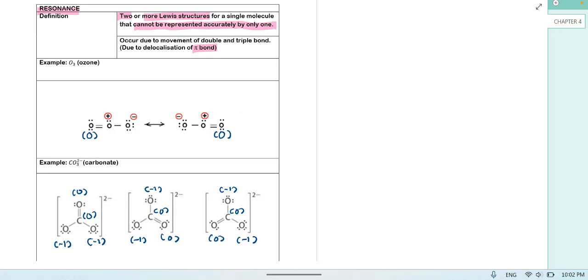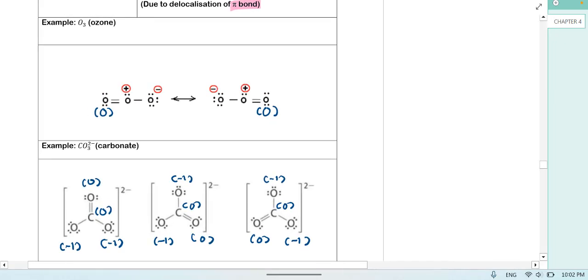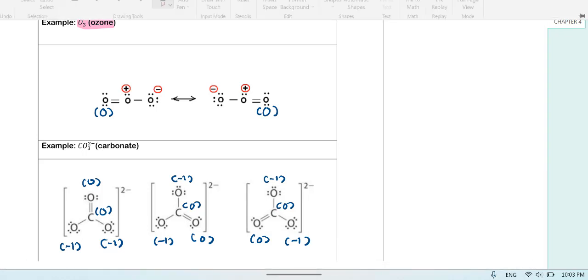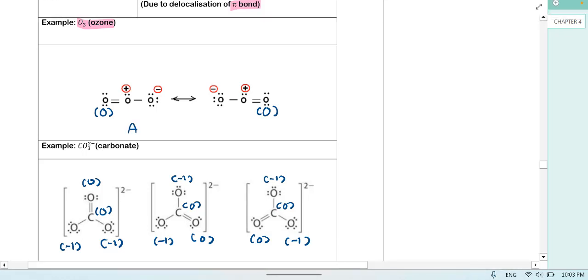Okay. So if we look at ozone, basically there are two Lewis structures for ozone, structure A and structure B. Both structures exist equally. Why? Because they are similar in terms of distribution of formal charge. On structure A, we have oxygen with zero formal charge.